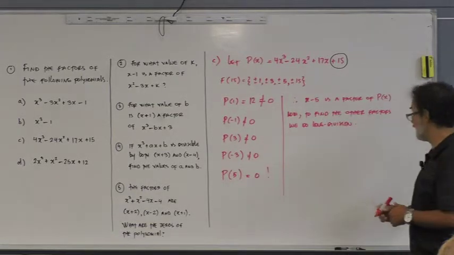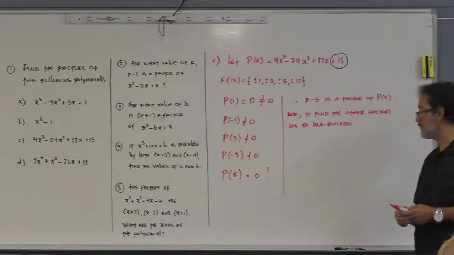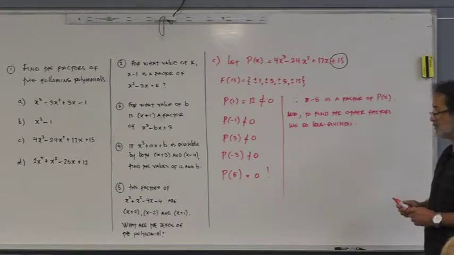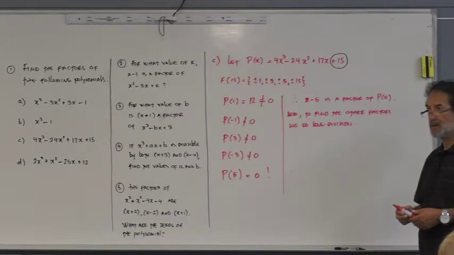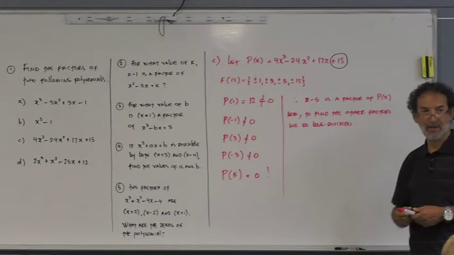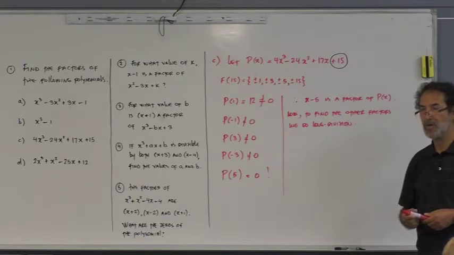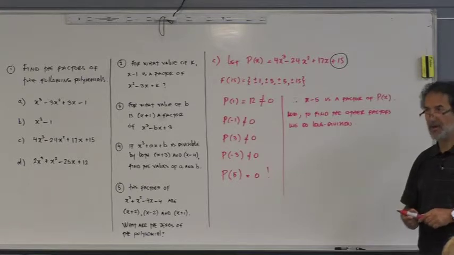To find the other factors, we do long division. Because this is a factor, you know that the remainder has to be equal to 0. Done?